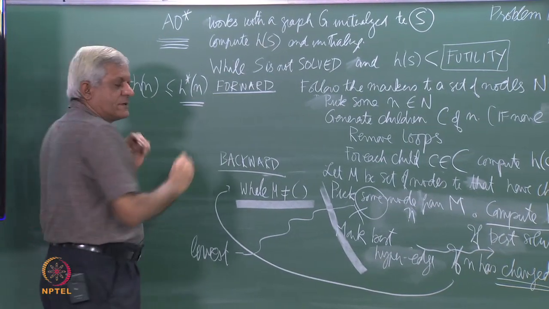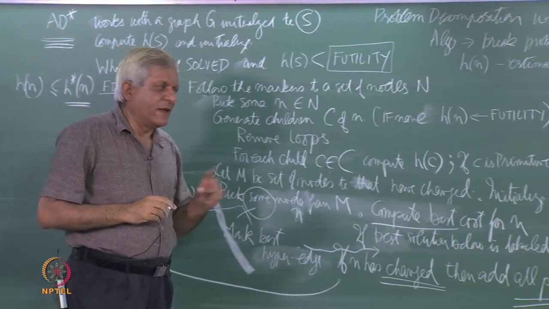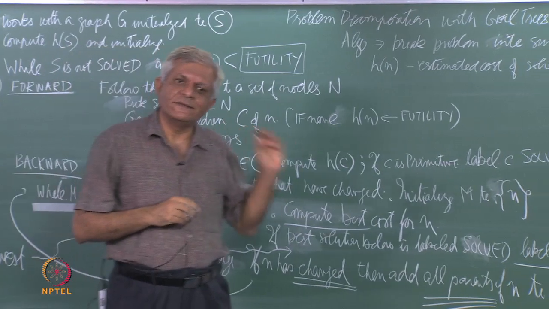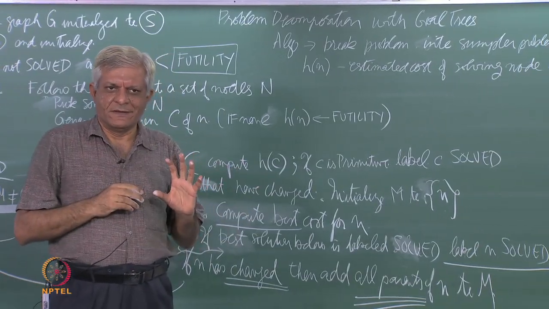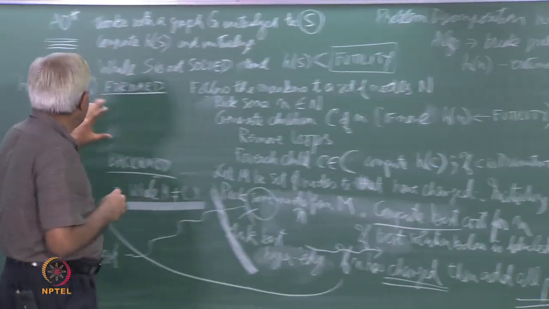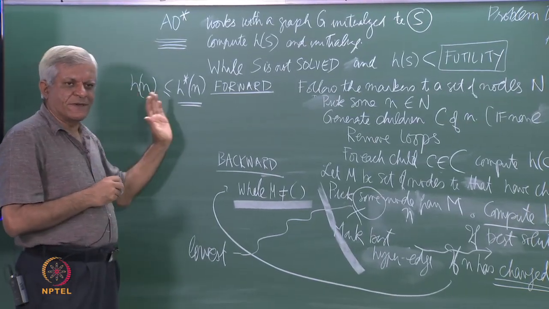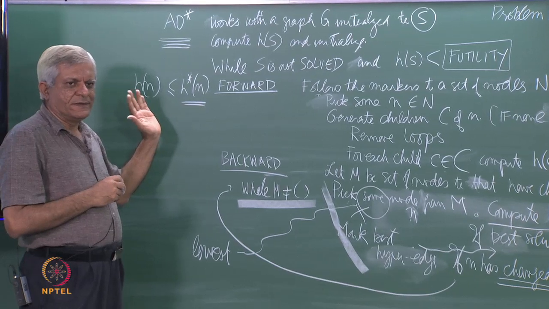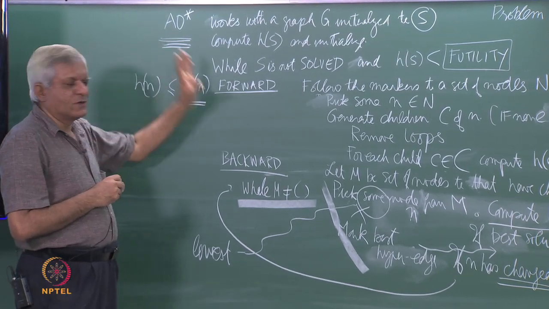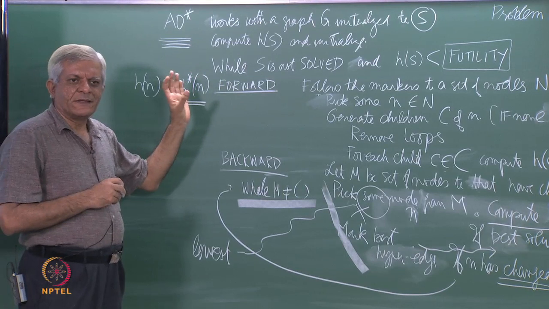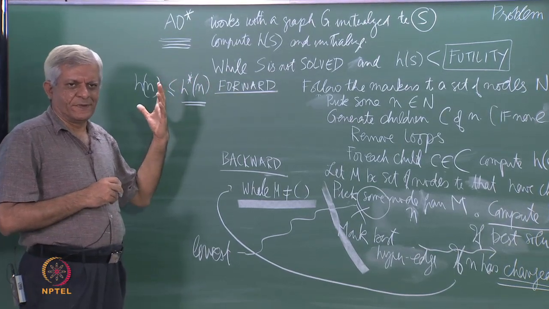This is the optimal cost solution, and the algorithm is designed to find the optimal cost solution, and what we are saying here is that as long as the heuristic function underestimates the optimal cost, it is going to give you an optimal solution.